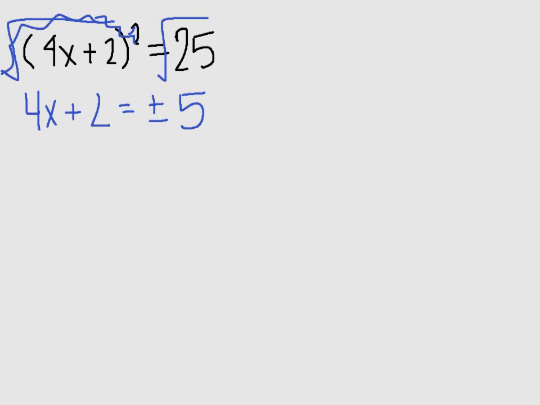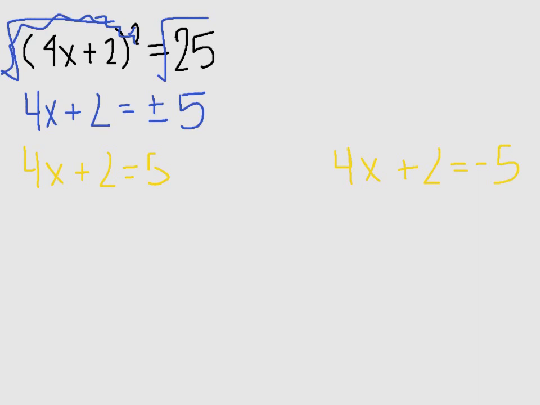Now I need to set one equal to a positive 5 and one to a negative 5 and solve for my x. Okay, let's work on the first one. I want my x to stay, so I cover up 4x.